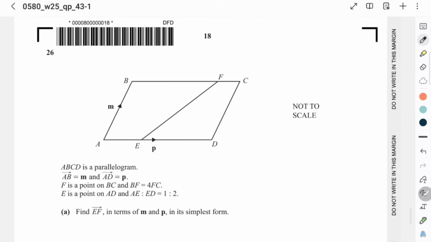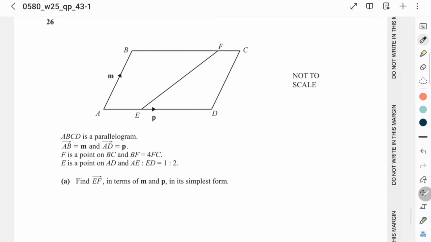All right, so the other question, vectors question number 26. ABCD is a parallelogram, AM is m, AD is p, and F is a point on BC where BF is 4 FC. So you will have this as 4 portions and this as 1.